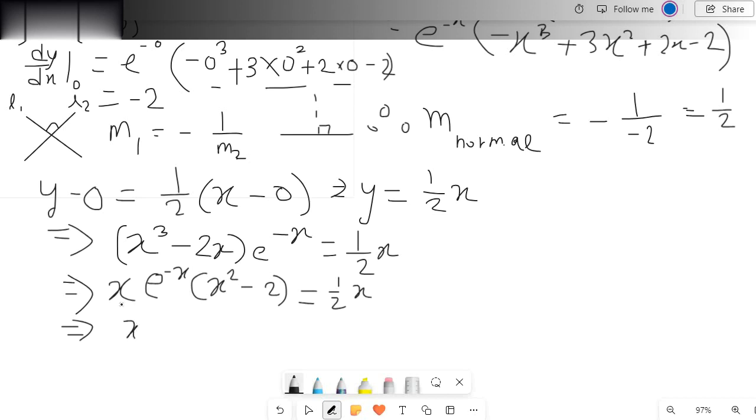Moving these terms to the right, we have x squared minus 2 equals half e to the power x. Finally, we can multiply both sides with 2 to get 2x squared minus 4 equals e to the power x.